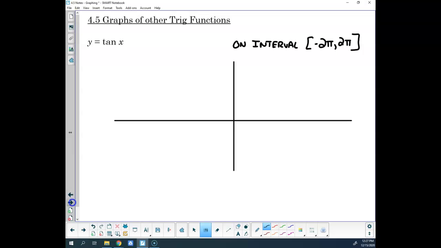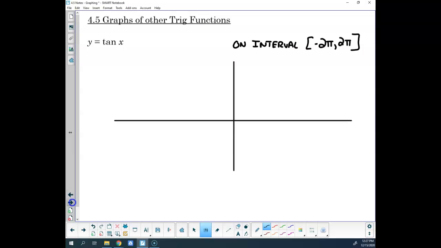What I would like you to do is draw crosshairs, the Cartesian coordinate system, and stretch it out. Don't try to draw it teeny tiny, because then you'll miss out on all the details. Draw it big, almost all the way across.